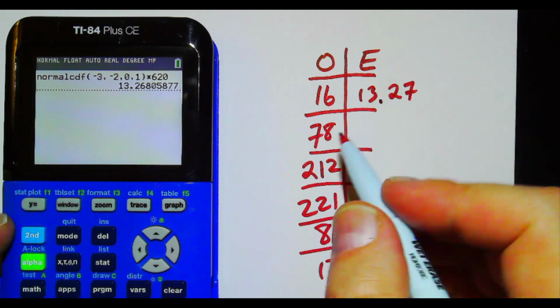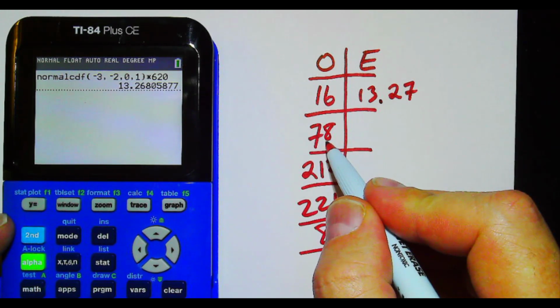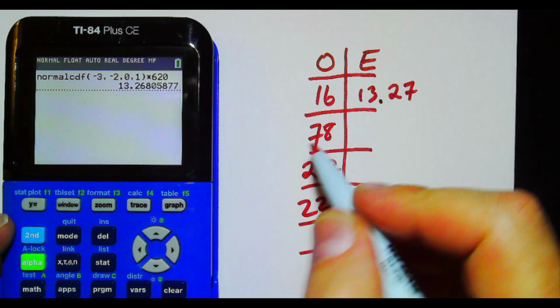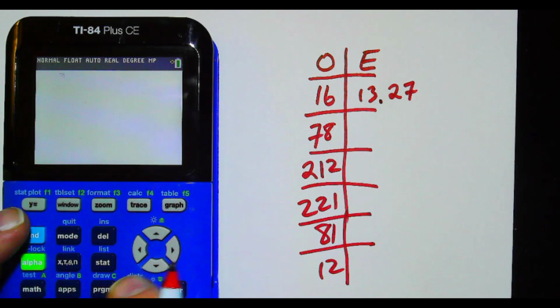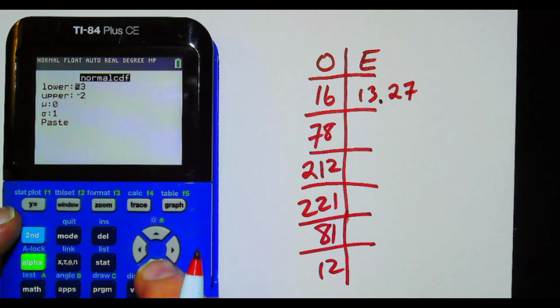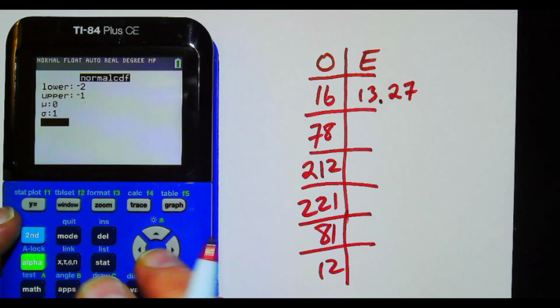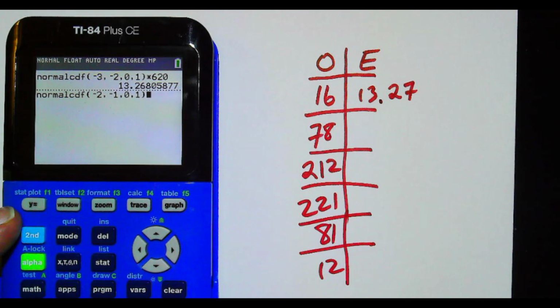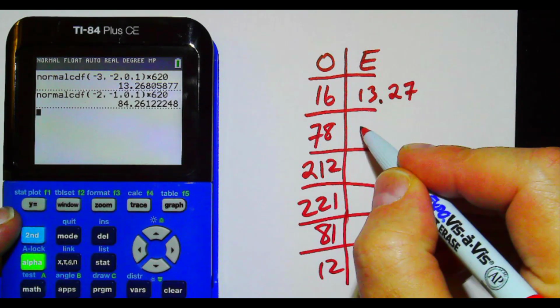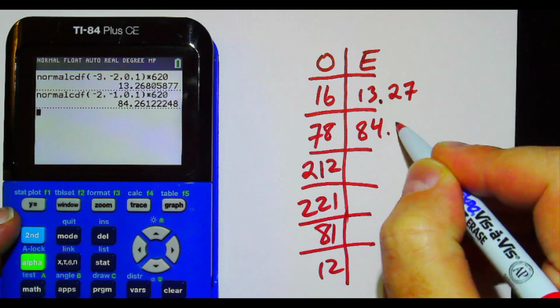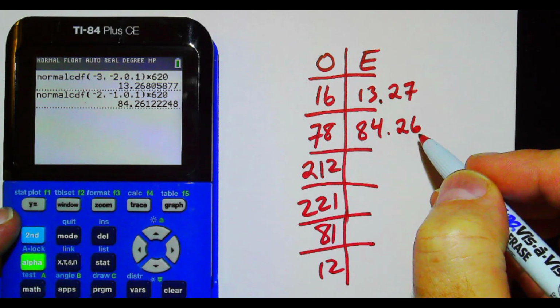How many between 2 standard deviations and 1 standard deviation? We'll do the same thing. Second distribution, normal CDF, but this time from -2 to -1. We'll again multiply by 620, and the expected number is 84.26.